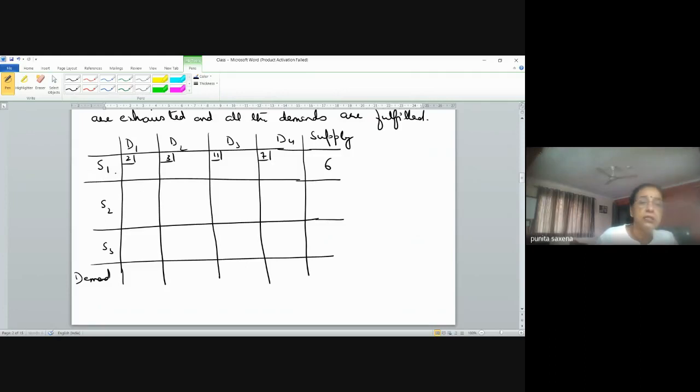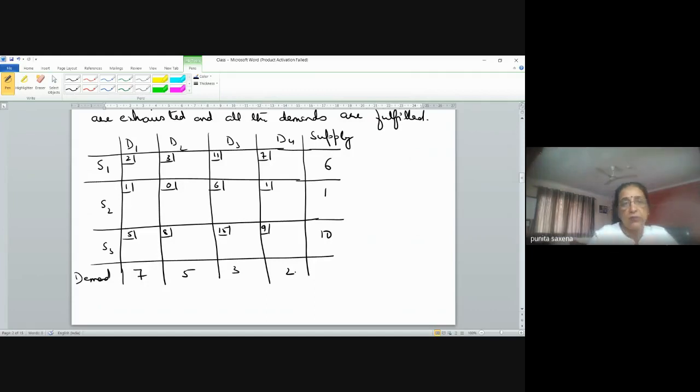Then I have 1, 0, 6, 1. Then 1, and then I have 5, 8. These are the unit costs. 15, 9, and the supply is 10, and it is 7, 5, 3, 2.